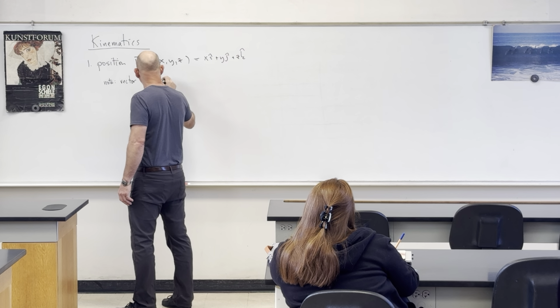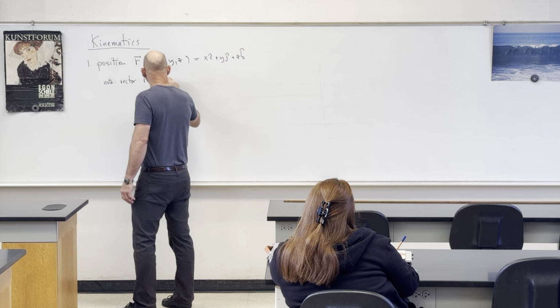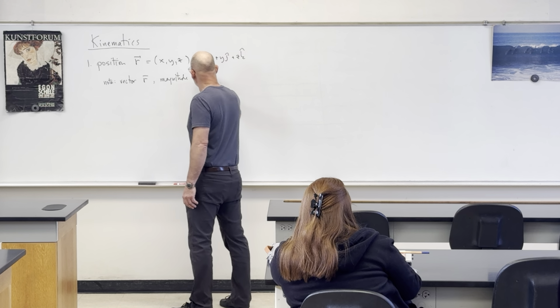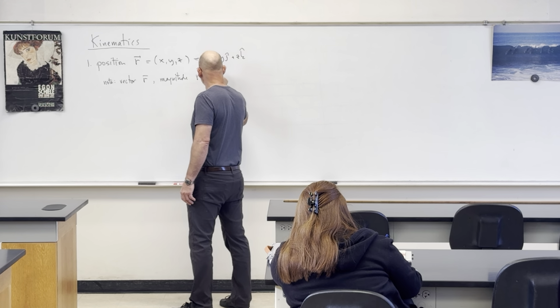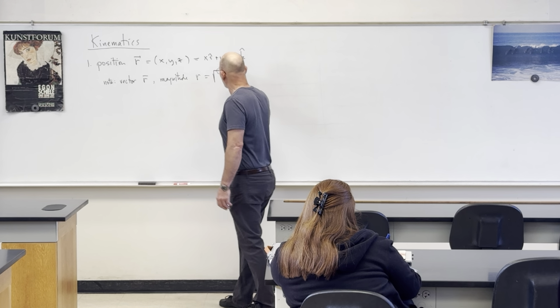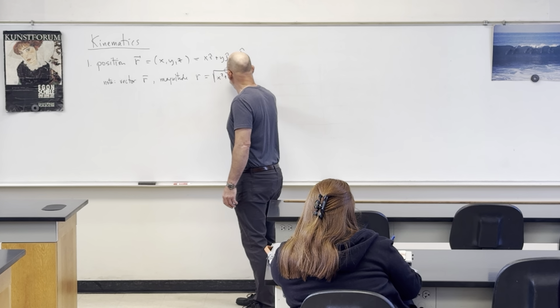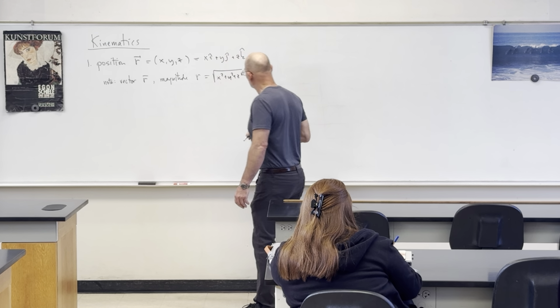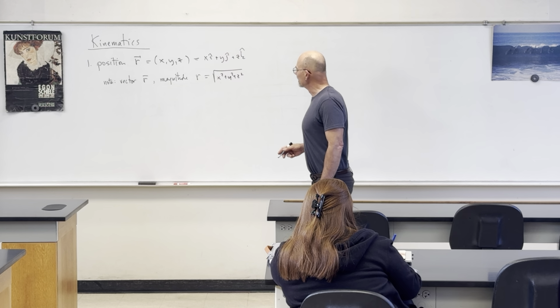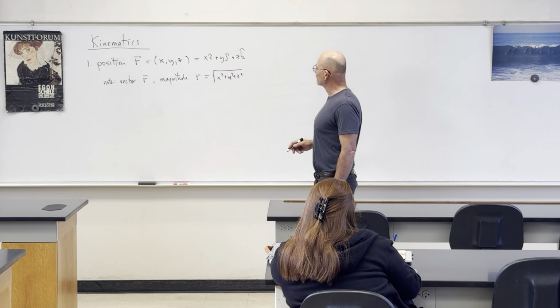Vector R, magnitude, R without the arrow on top, is the square root of x squared plus y squared plus z squared. We'll do a little section on vectors where we go more systematically. But for now, just to remind us.